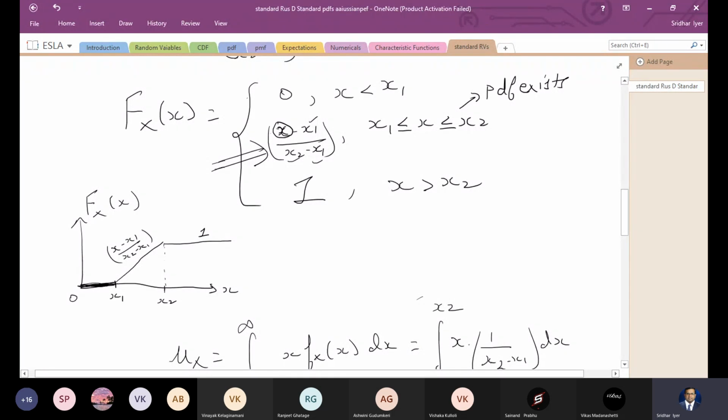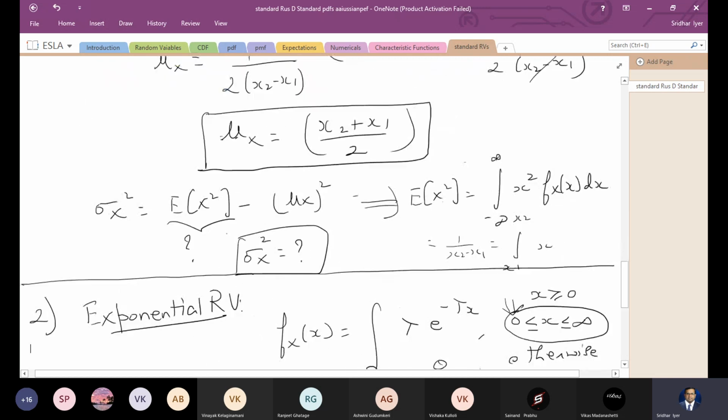CDF should help us in putting the values so that when I put x as 0, I can see what CDF I will get. If you look at the graph, when I put x as 0, I'll get no value. When I put x1, no value. When I put more than x1, I should get this increasing value. When I put x2, I should get 1. So CDF is not a constant value, right?